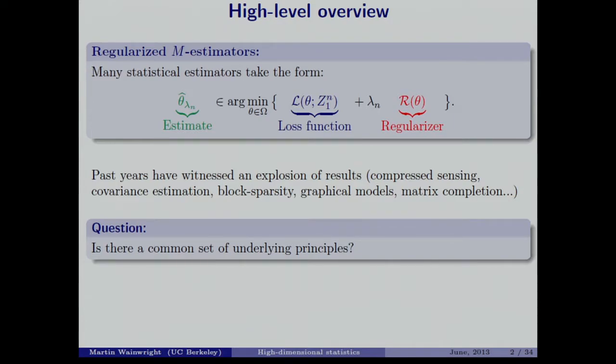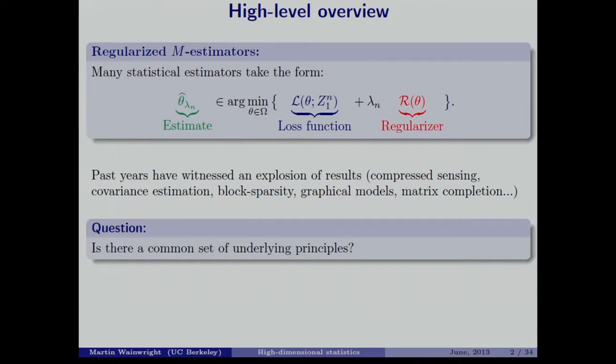And if we take a somewhat more abstract view, they're all of the form that we assume there's some kind of low-dimensional structure. We posit some kind of cost function that depends on samples, and some kind of regularizer that enforces low-dimensional structure. And we're estimating by minimizing functions of this form.